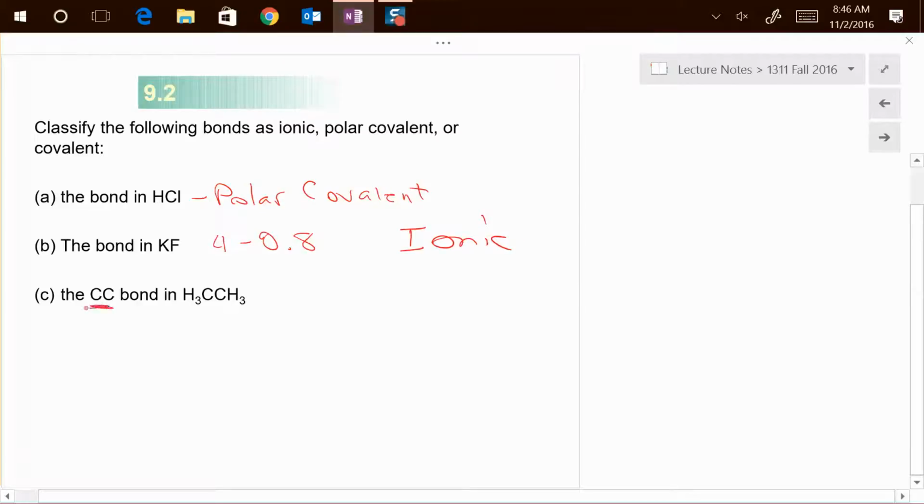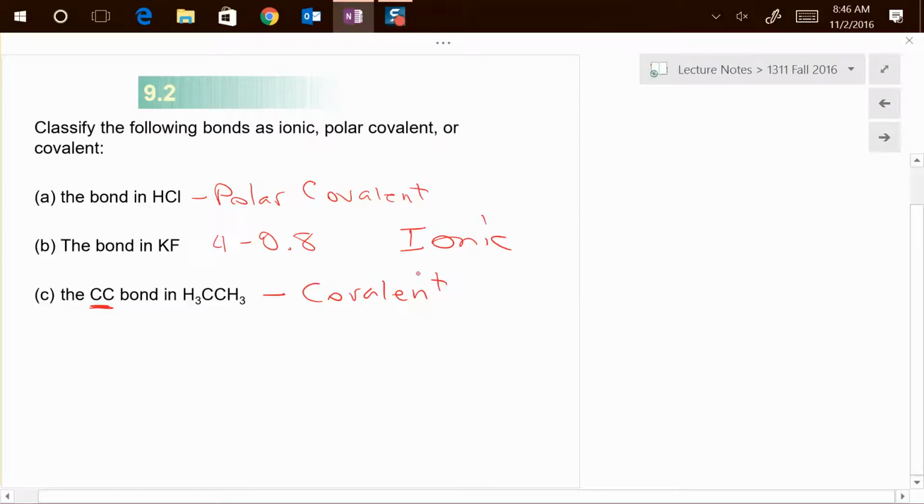The carbon-carbon bond in H3C-CH3. Purely 100% covalent, because they both have the exact same electronegativity. I don't even have to look at it. Carbon has the same electronegativity as itself, bonded to one another. That's purely covalent. The electronegativity difference is 0.